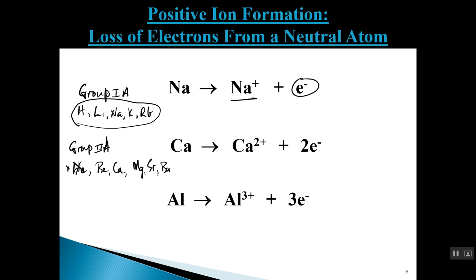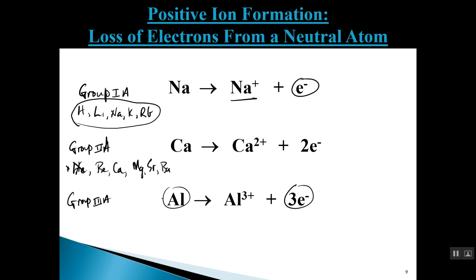These elements behave similarly in that the atoms will lose 2 electrons to form an ion with a +2 charge. And then we get to aluminum. Aluminum belongs to group 3A, and they will tend to lose 3 electrons for each aluminum atom.